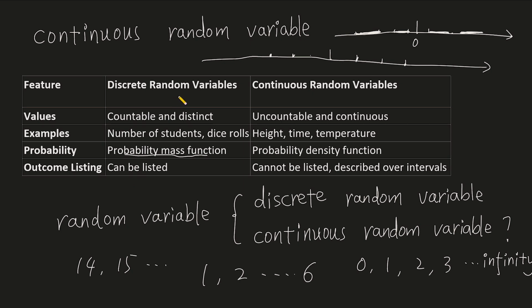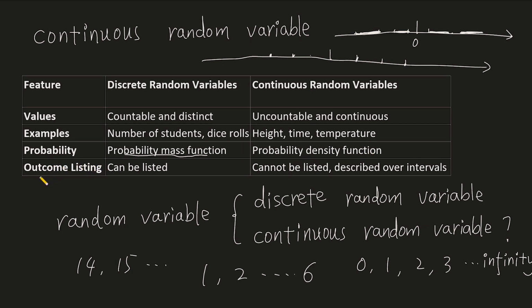On the other hand, a continuous random variable has a probability density function. They are different. We will talk about the probability density function later.